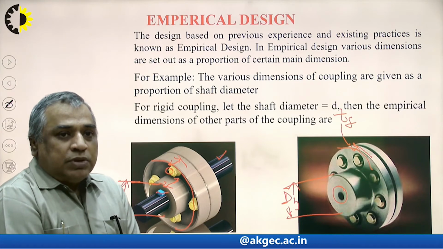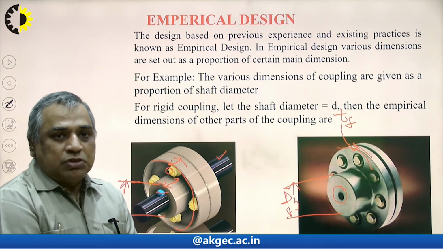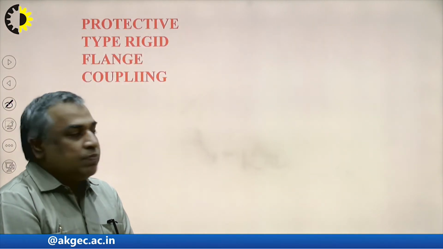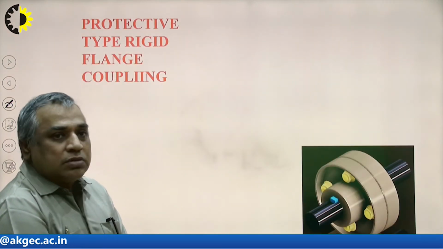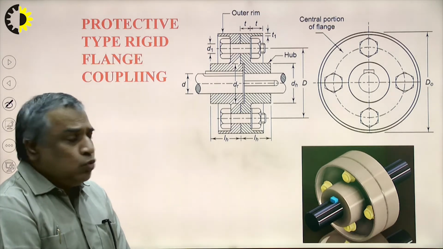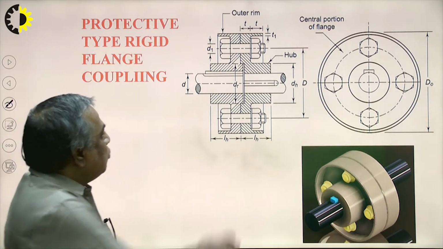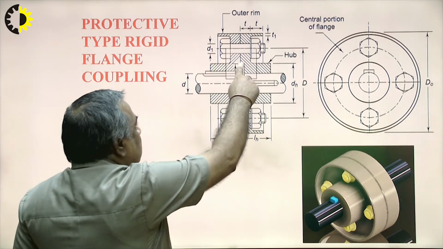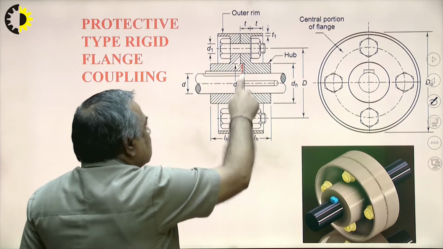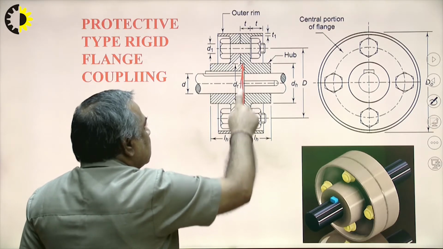For a rigid coupling, let the shaft diameter be equal to D. Then the empirical dimensions for the parts of the coupling we will see in the next slide. These are the two views. This portion here is the recess, the gap.